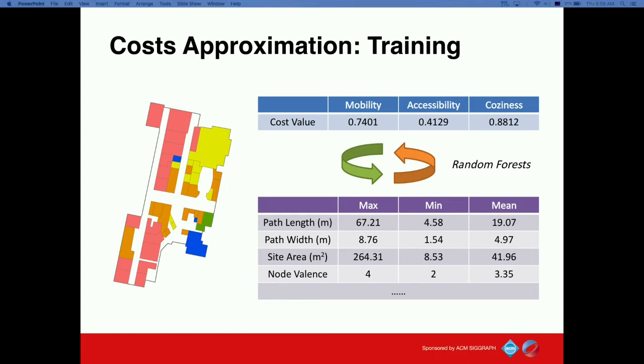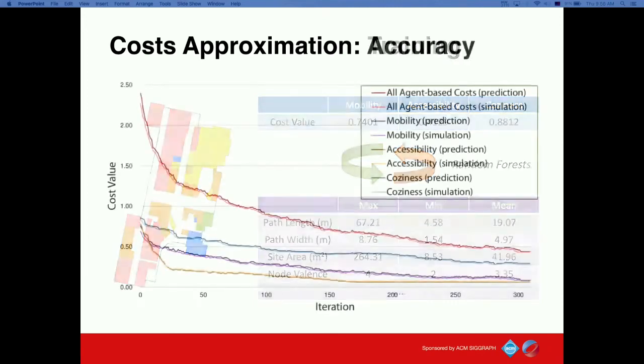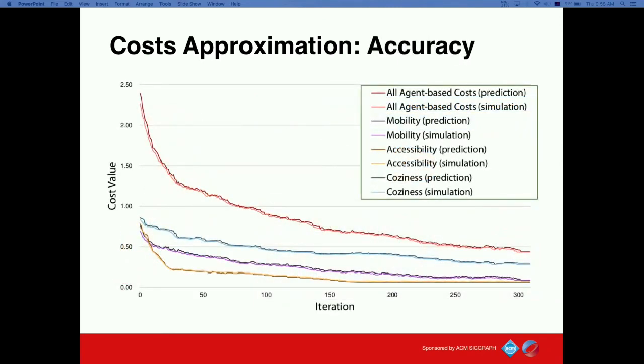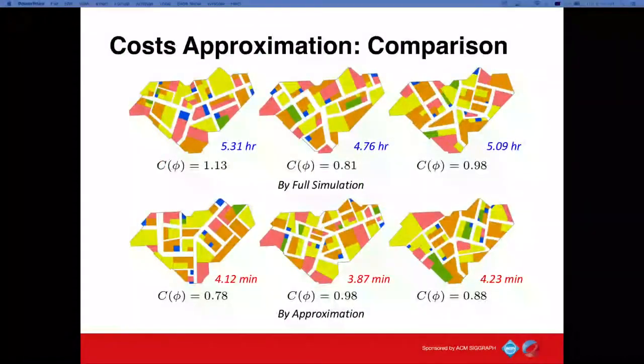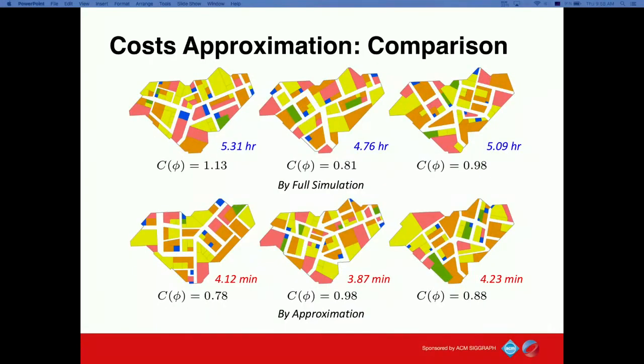For each training sample, we extracted its corresponding layout features and computed agent-based costs to train our regressors. The trained regressors have shown pretty high accuracy, sometimes even higher than 90% when approximating costs given test layout features.